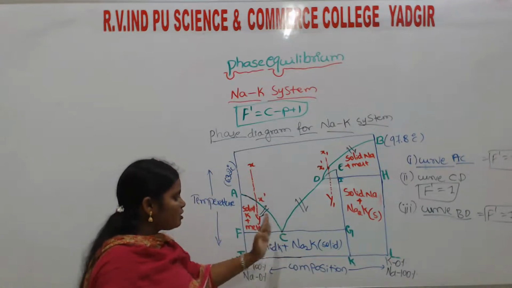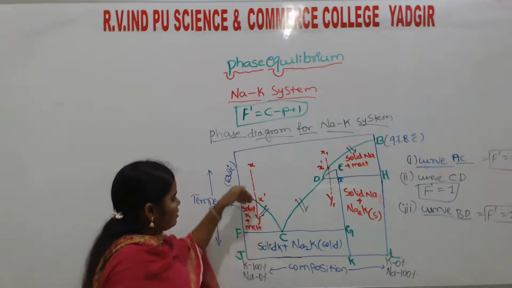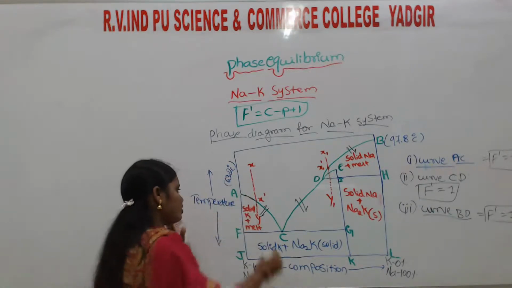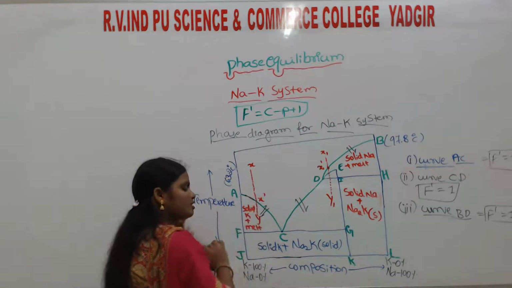Here the composition changes, and solid potassium separates out at this point. The percentage of it decreases as it separates out.